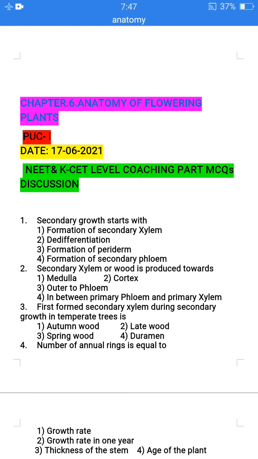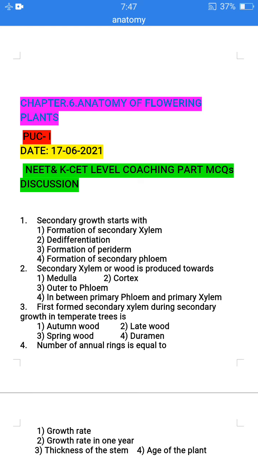Apart from primary growth, most dicotyledonous plants exhibit an increase in girth. This increase in girth is called secondary growth. This secondary growth takes place because of the dedifferentiation phenomenon in all the tissues involved, and it is carried out by two lateral meristems.